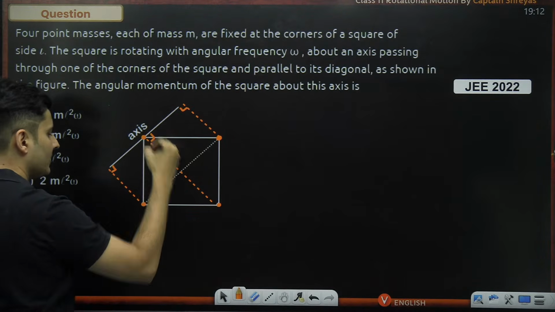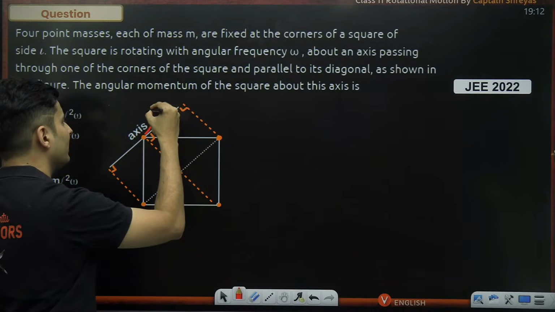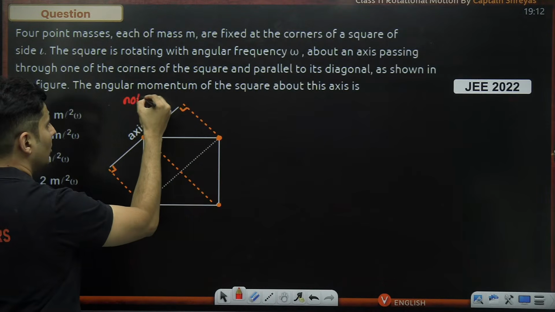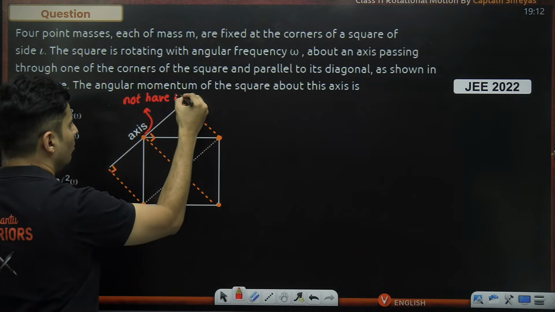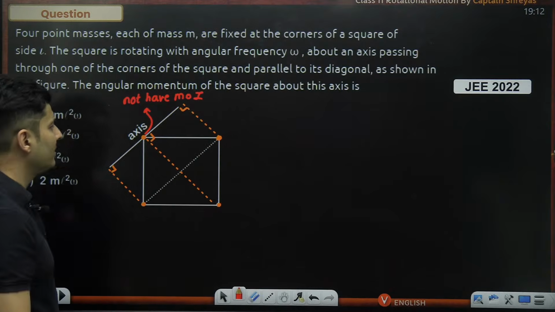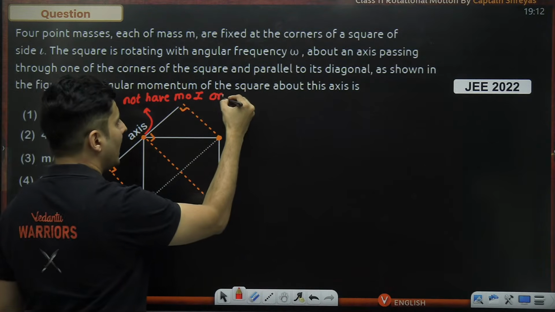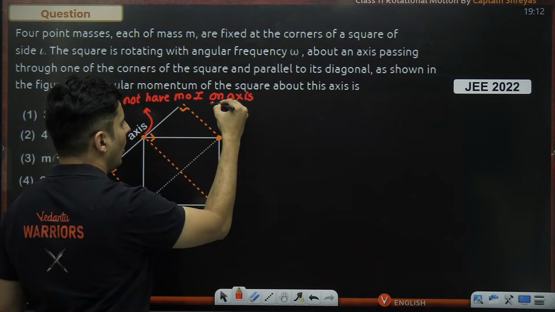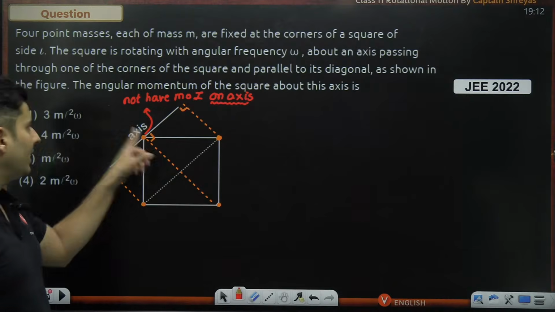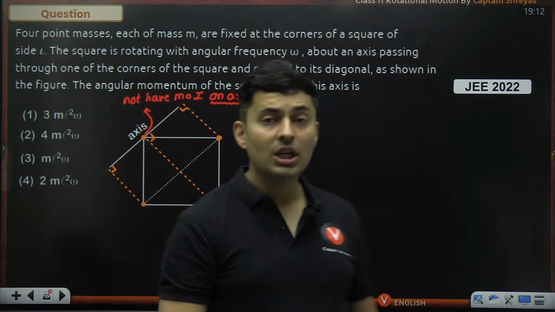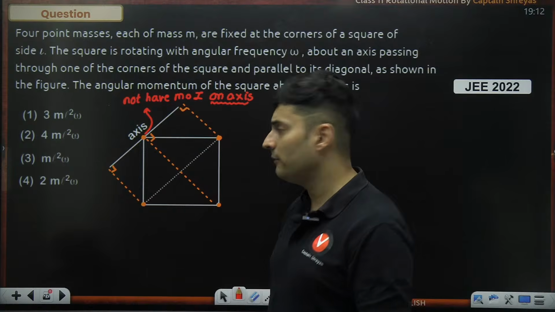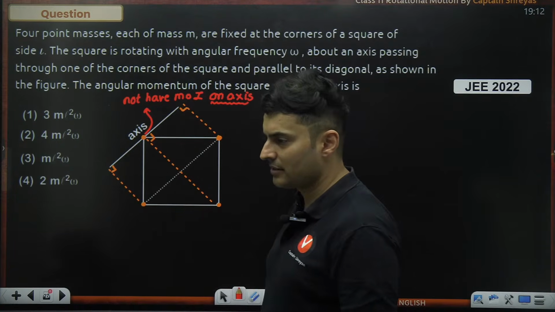This point mass will not have moment of inertia because it is on the axis, so it does not have any kind of moment of inertia. So the only 3 masses which have moment of inertia are this, this, and this.